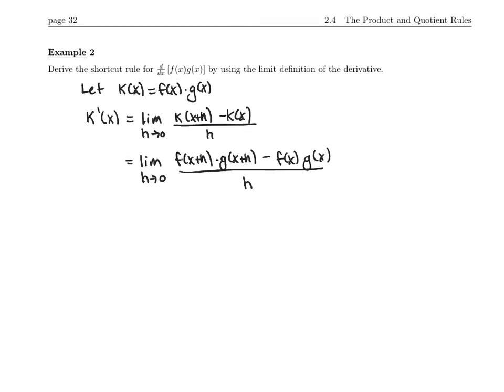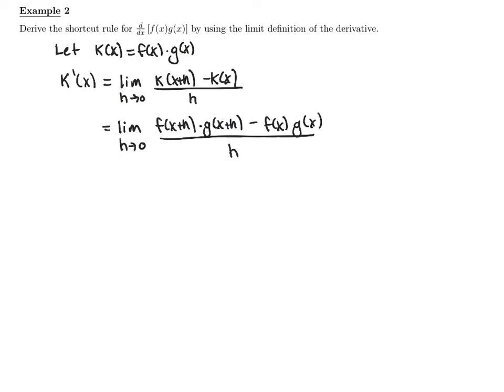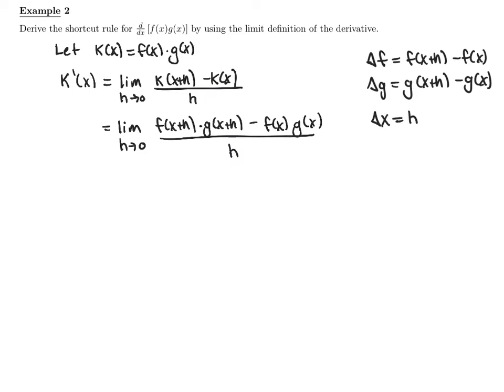Now we're going to change this over to the delta f and delta g notation, remembering that delta f is my f of x plus h minus f of x. Delta g is my g of x plus h minus g of x. And my delta x is basically my h.